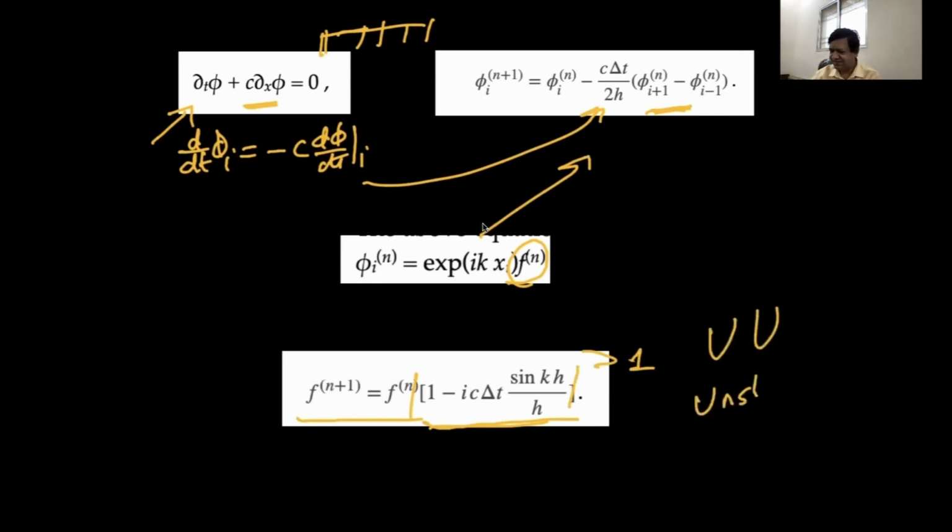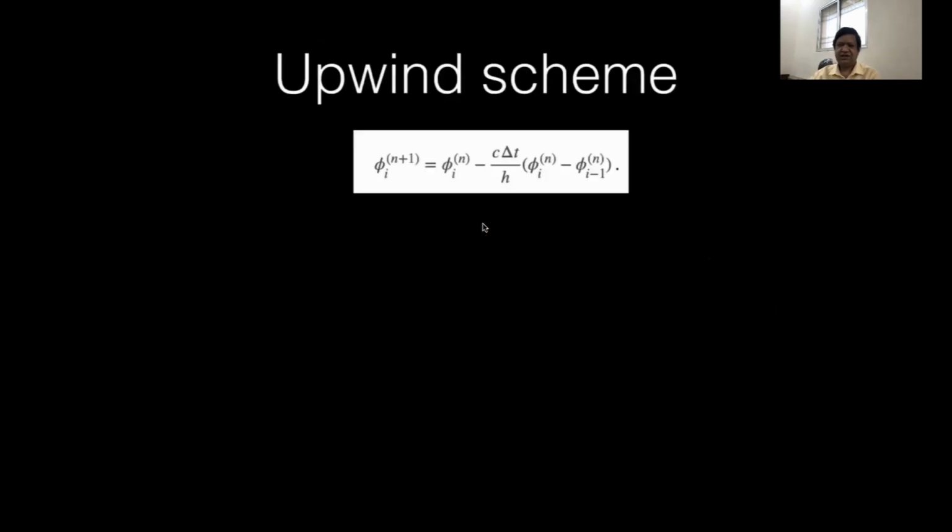So it's unconditionally unstable. Bad news. The central difference scheme is unconditionally unstable, so this will keep growing in time. There's something called the upwind scheme.